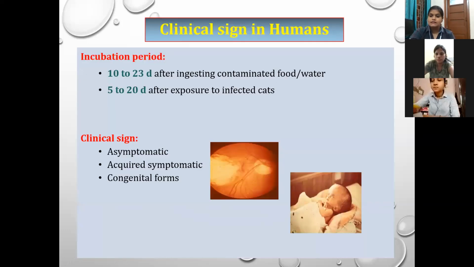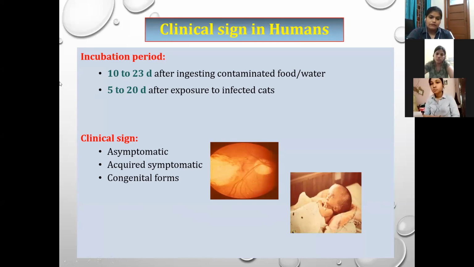Now the clinical signs. The incubation period varies depending on how the human gets the infection. If the human gets the infection through contaminated food or water, then the incubation period is longer, that is 10 to 23 days. This is based on observation.